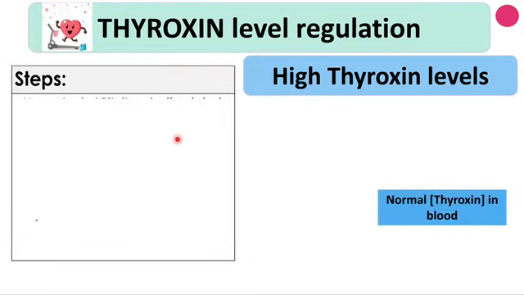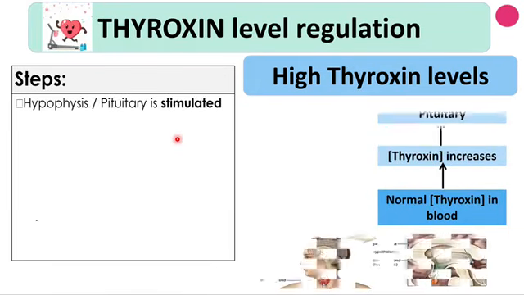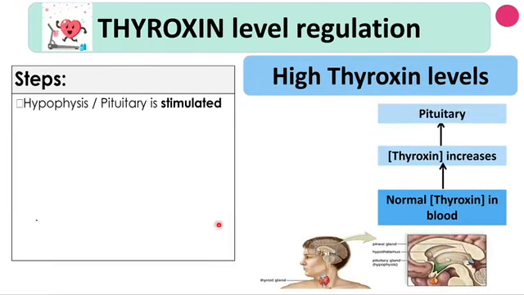So there we have the normal. For some other reason, your thyroxine, which is right at the bottom of my drawing, that level increases. Then your pituitary, which is this little pea-sized gland in your brain, needs to have a conversation with your thyroid.